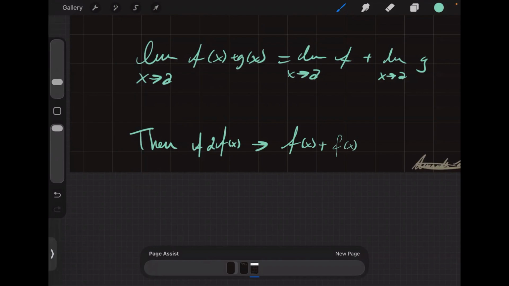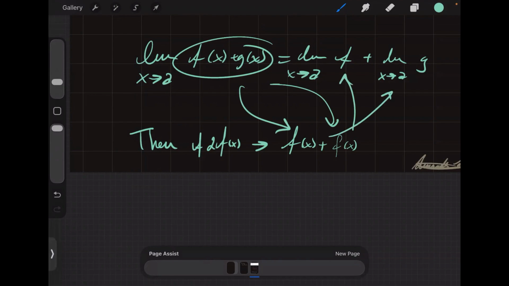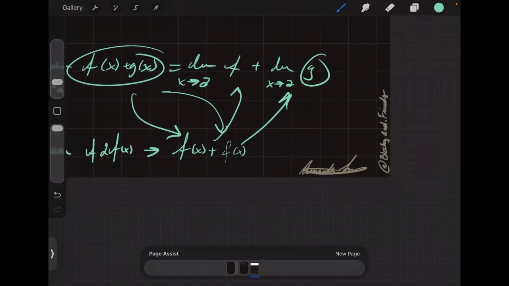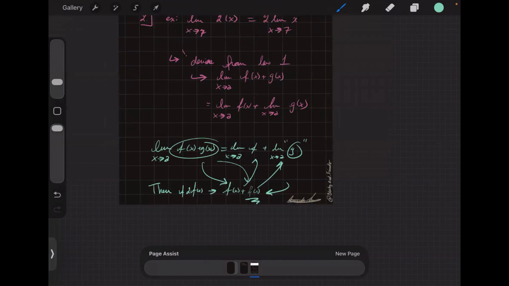Because this is in the same form as this, you can just apply it here and here. So your g of x is actually your second f of x. Okay.